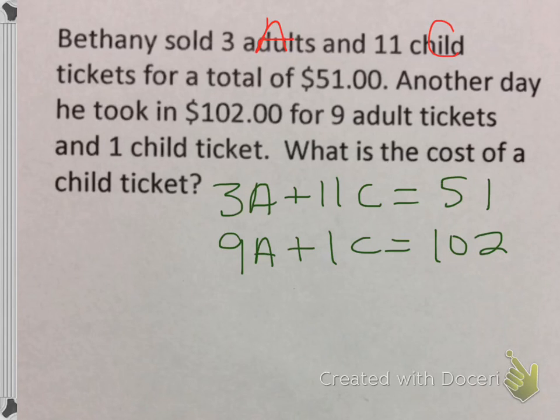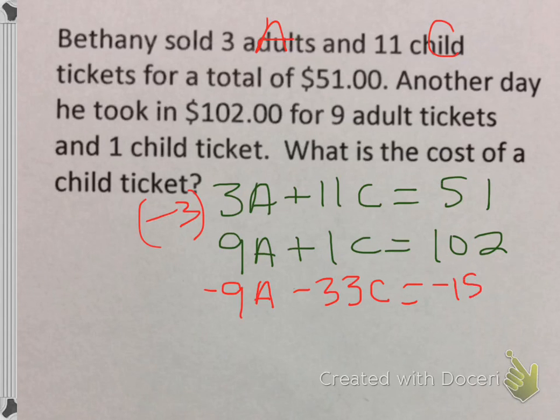Okay, so again, though, I still do want to get rid of those A values, and so I'm going to have to multiply through again by that negative 3 up on the top. So when I do that, I get a negative 9A, a negative 33C, and then still what I had before was the negative 153.